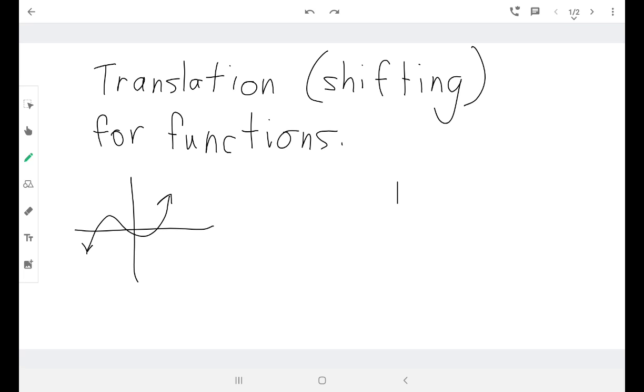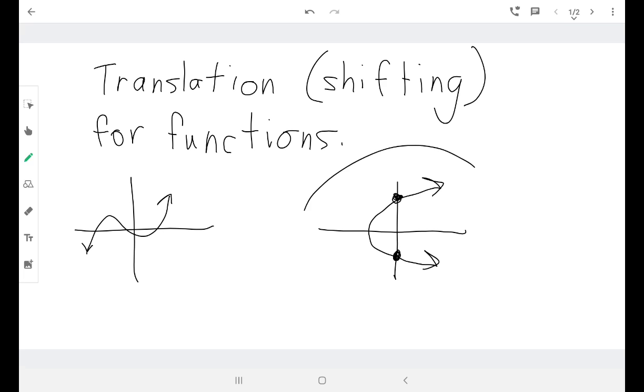An example of not a function would be something like this. You can see that right here and right here I touch the same vertical line twice, so this makes it not a function. So that's just a little bit of background on functions.